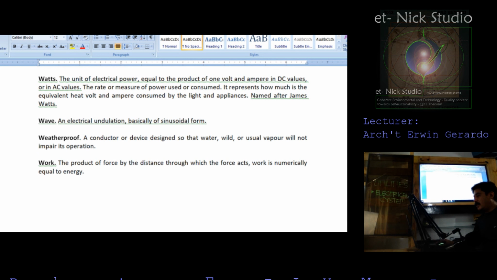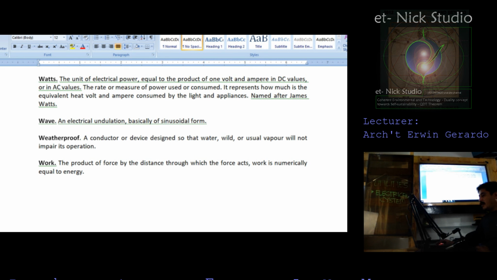Watts, the unit of electrical power equal to the product of 1 volt and 1 ampere in DC values or in AC values. The rate of measure of power used or consumed.